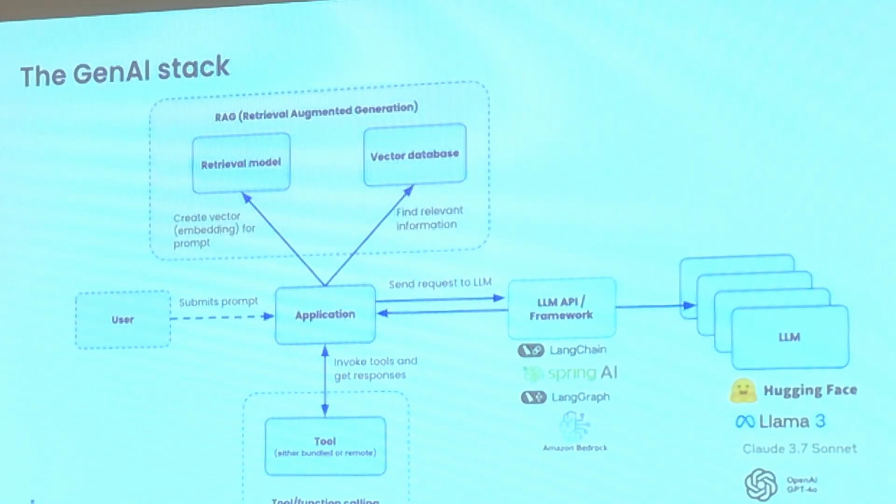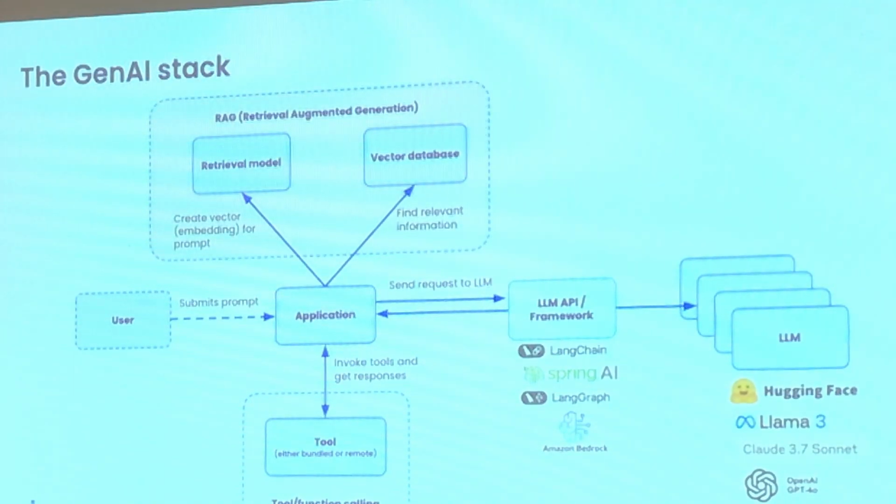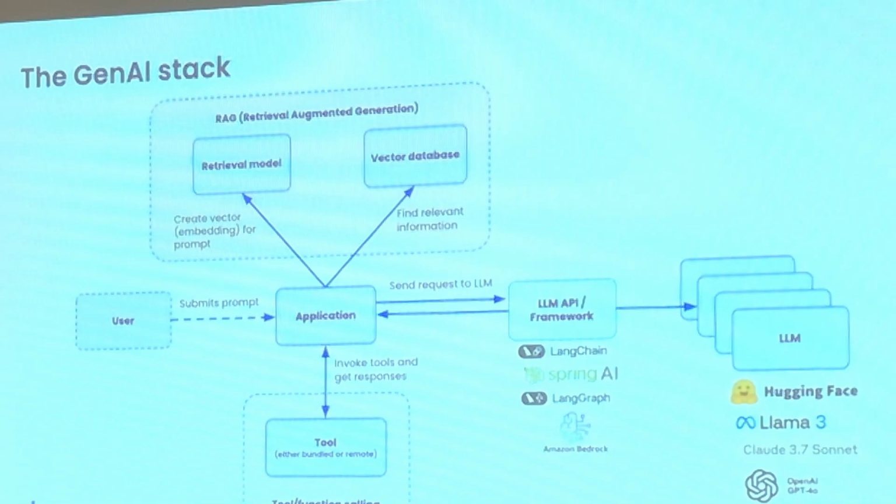So the GenAI stack, we touched base a bit during the conversation earlier, the Spring AI, LangChain4j. These are the frameworks that are generally used for the application development. So the flow on the high level can look like this. You have the user that submits a prompt.